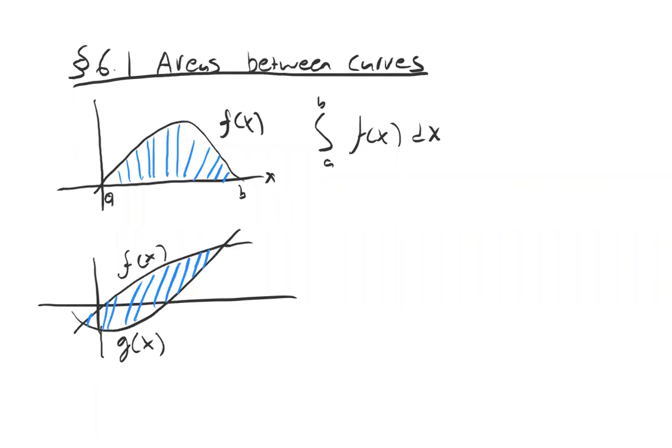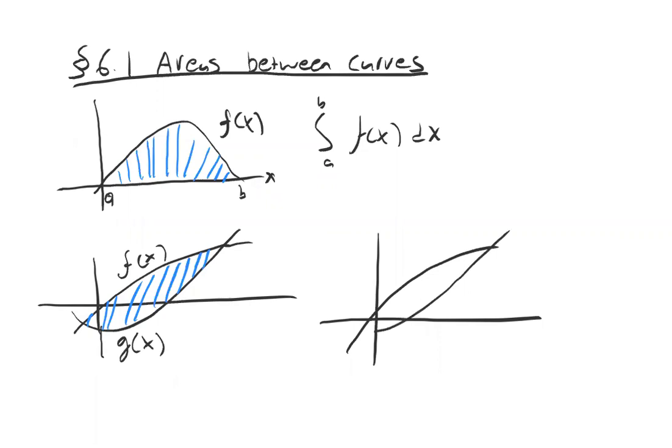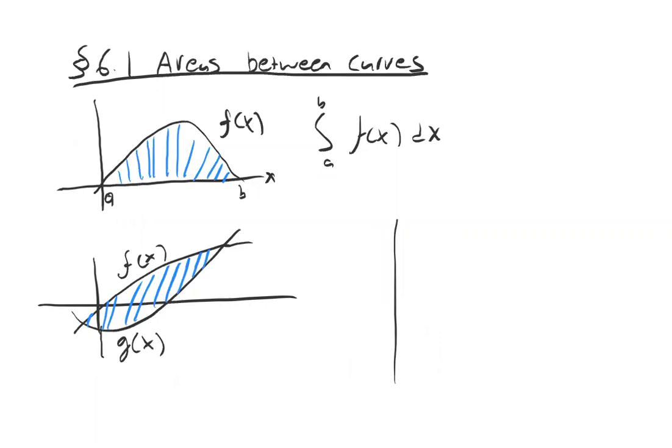So what we're going to do is, I'm going to draw this picture again. It's not going to be exact, but let's say it looks something like this. Let me redraw that because it's going to be really hard to show what I'm talking about. So let's stay over here. Let's say I want to find the area between these two curves.